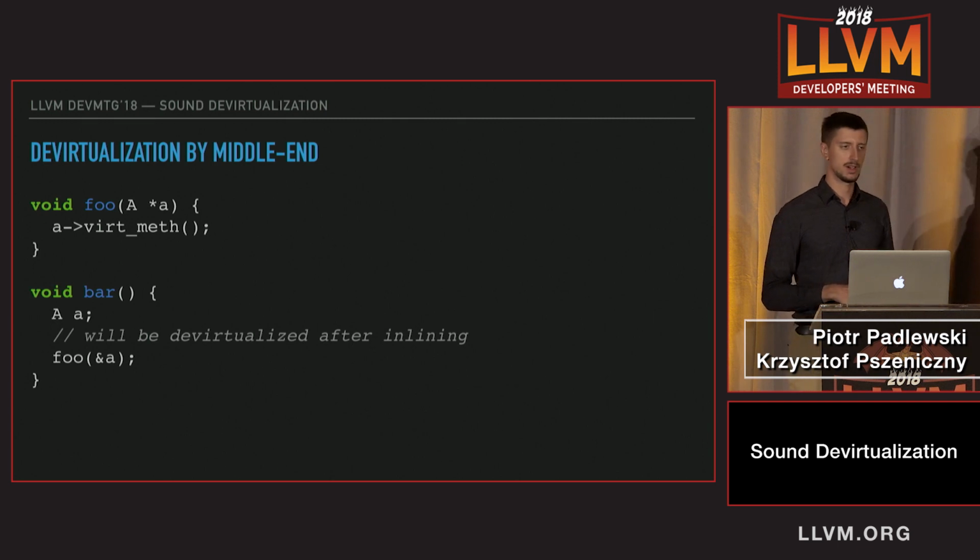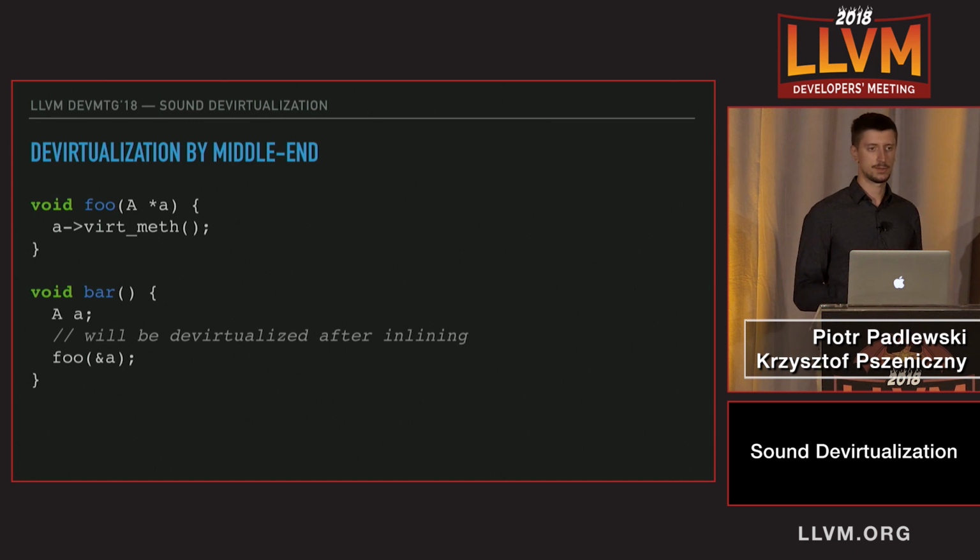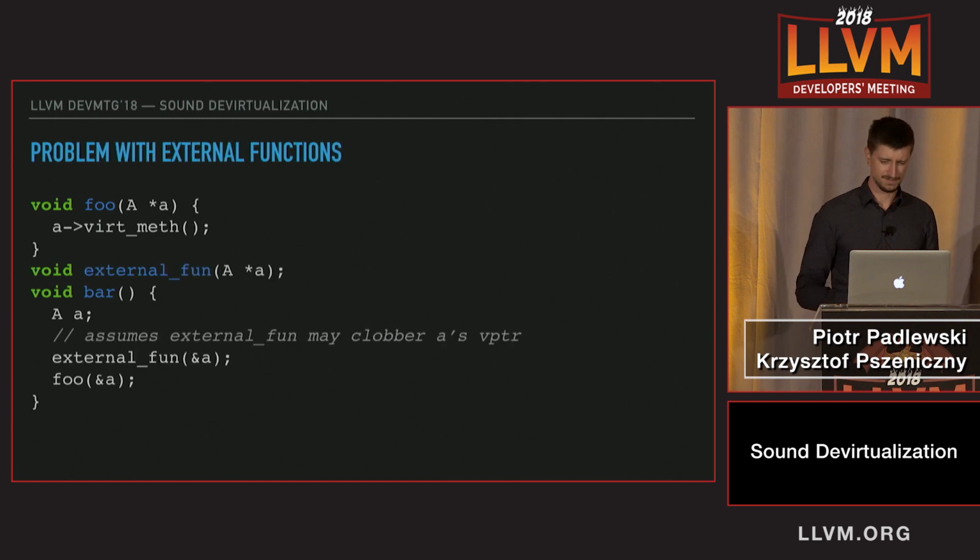If we require any inlining, like in this case, then of course the front end cannot handle this because inlining is happening in the middle end. So in this case, if foo is inlined and the constructor of A is visible and is inlined, then LLVM should be able to figure this out and devirtualize the call.